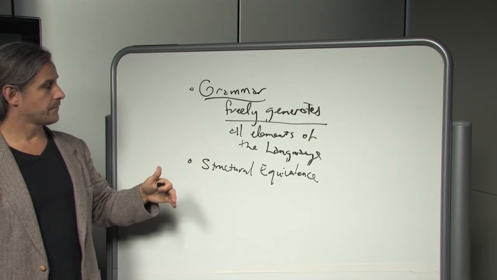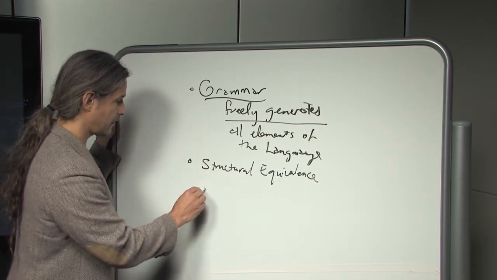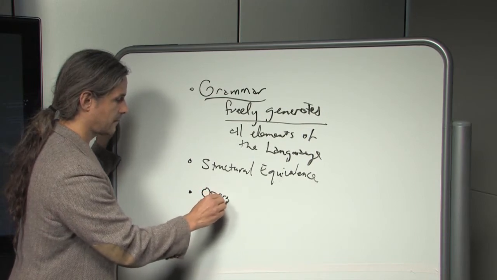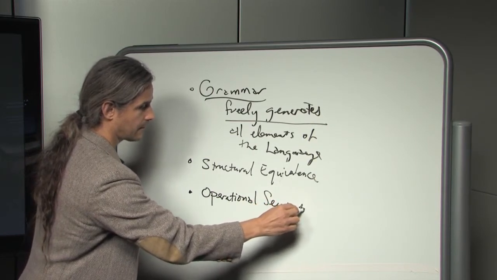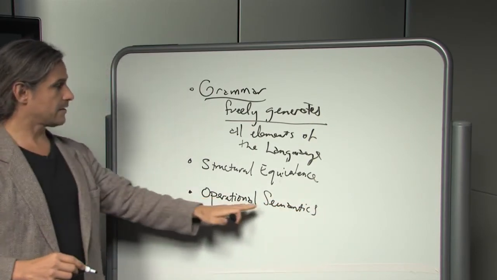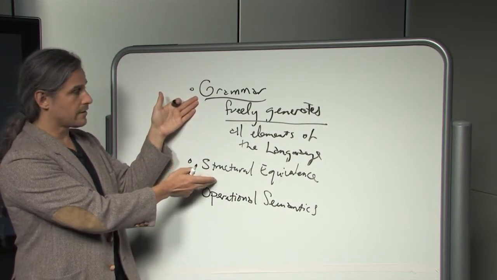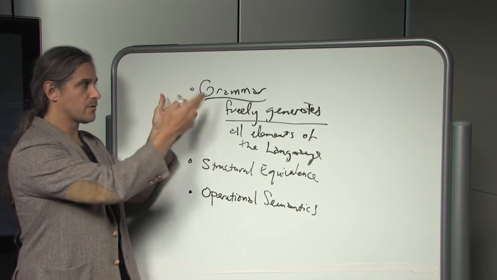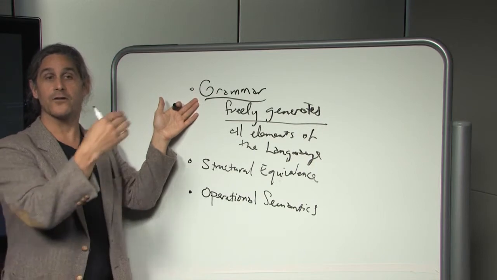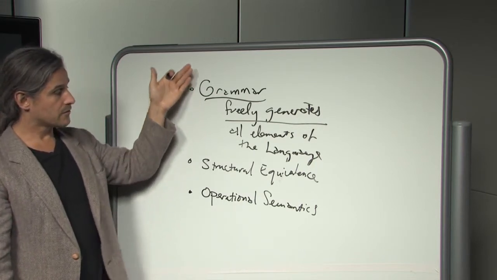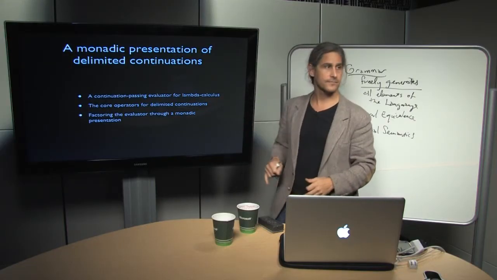Okay? And there's a final piece, which is the operational semantics. And this says how utterances, actually equivalence classes of utterances produced by the grammar, reduce to some other utterance.